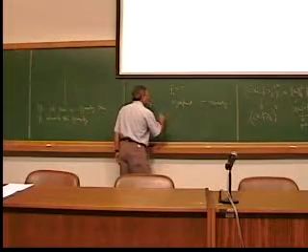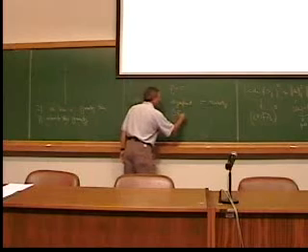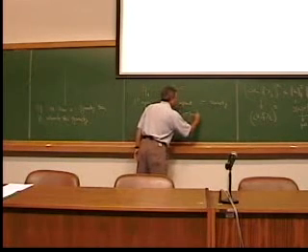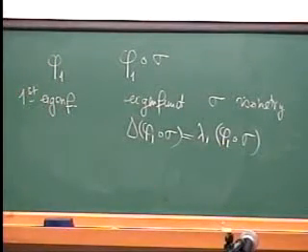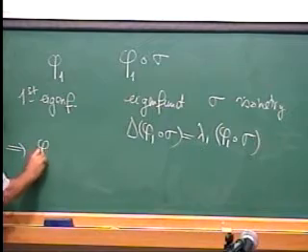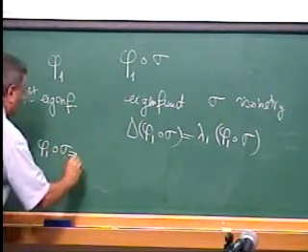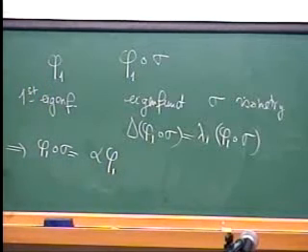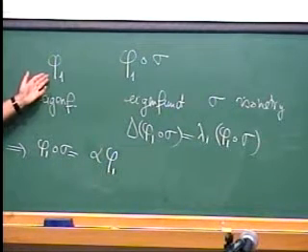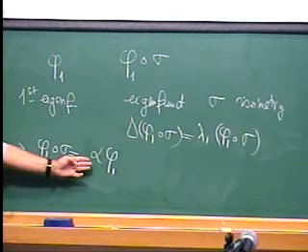And of course, we have the same equality. Because the eigenspace is one-dimensional, they must be proportional. If you assume, for example, that phi 1 is positive, this one must be positive, so alpha is positive.